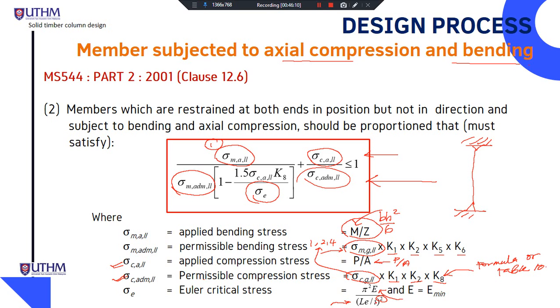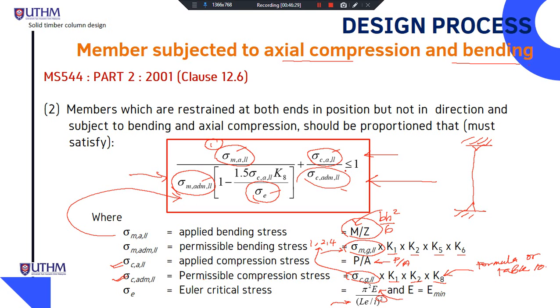To solve this equation, you need to calculate each of these values first, then combine all these values and substitute into this big equation.